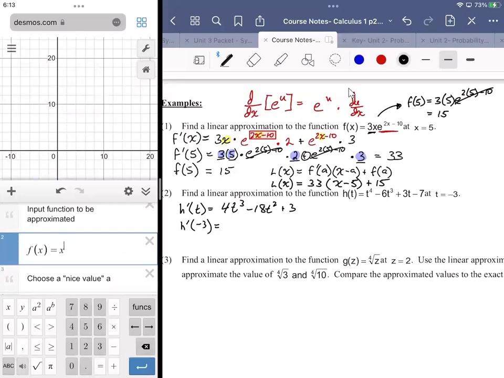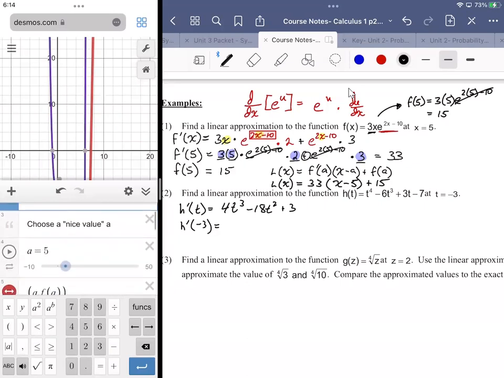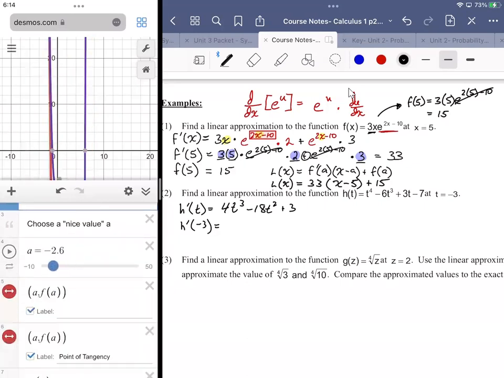Except we'll put it in terms of x, but probably used to that by now. All right, so this would be my original function in terms of x. And then my nice a value would be a -3.